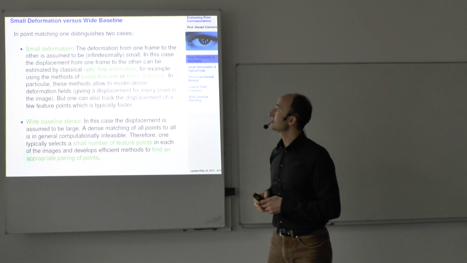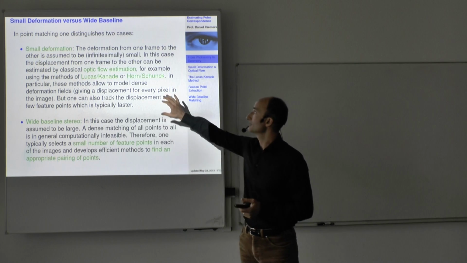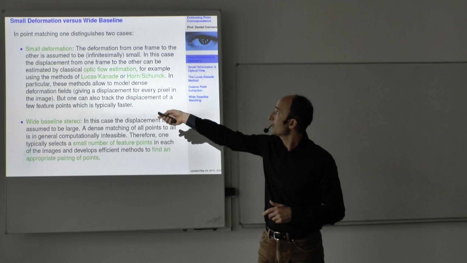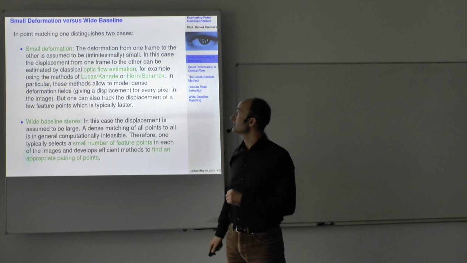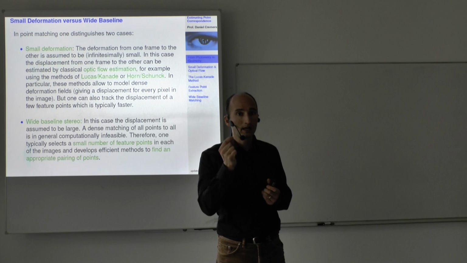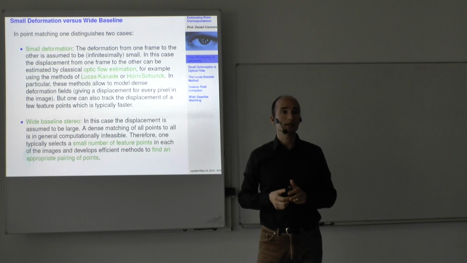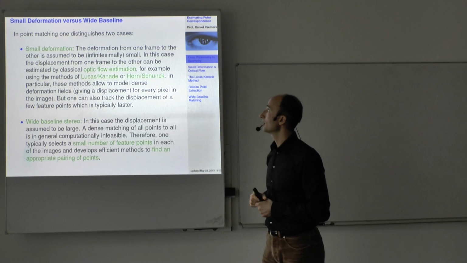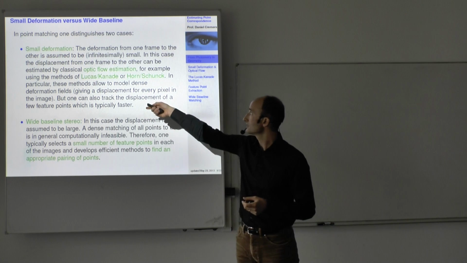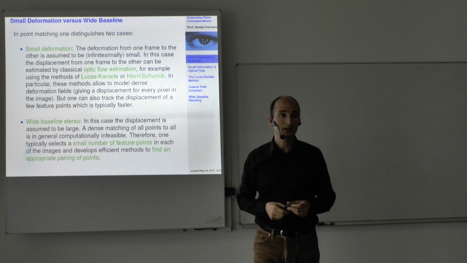So as I mentioned, there are these two cases that you typically distinguish. Why do we distinguish them? Because there are different algorithms and different methods that we use. In the small deformation case, this is often referred to as the optical flow estimation problem, where you say, I assume that the displacement is small, that my corresponding partner is in the vicinity, and there are algorithms to find correspondence either sparsely, this is the so-called Lucas-Kanade method, or densely, and this was started by Horn and Schunck.